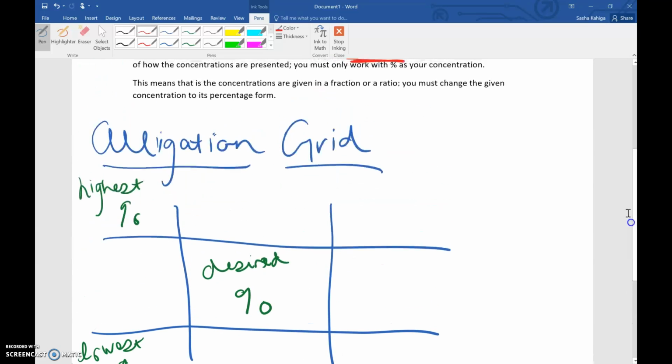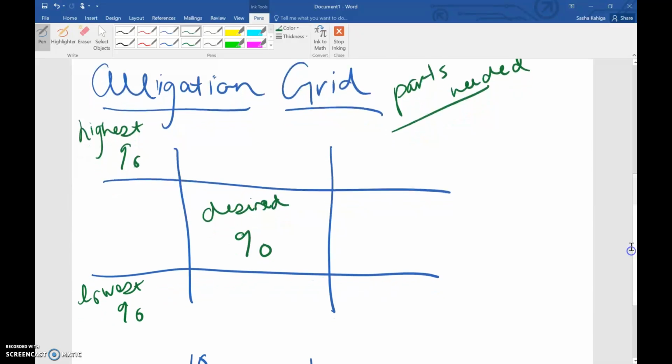So I'm going to move back up here. In order to get your parts needed, the right-hand side of your grid is considered your parts needed. The top right corner will be the parts needed for your highest.